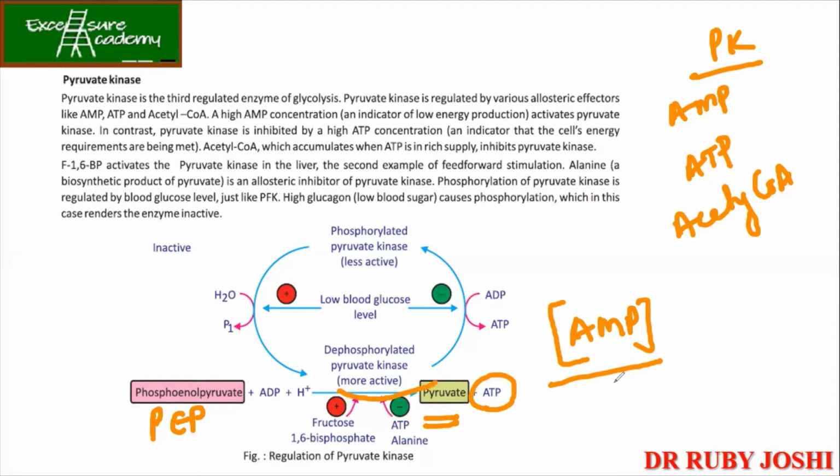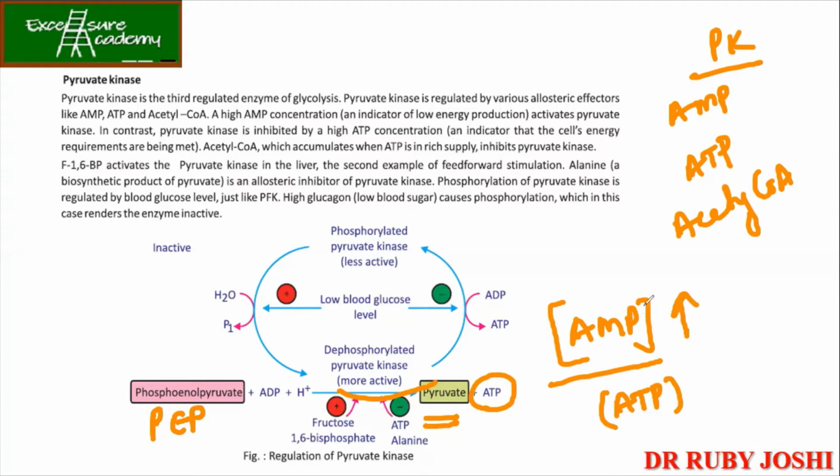So what will happen if there is an increased concentration of AMP? AMP is more, so what does it mean? What will happen to the concentration of ATP?